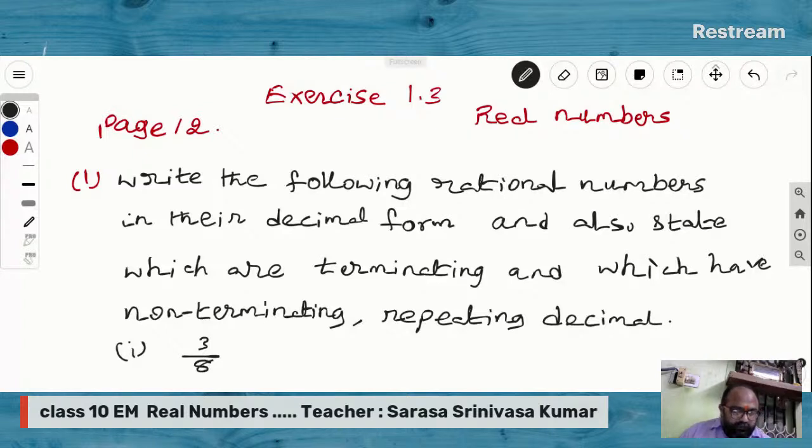It is not mentioned that we should not divide, so actual division can be done. It is okay.